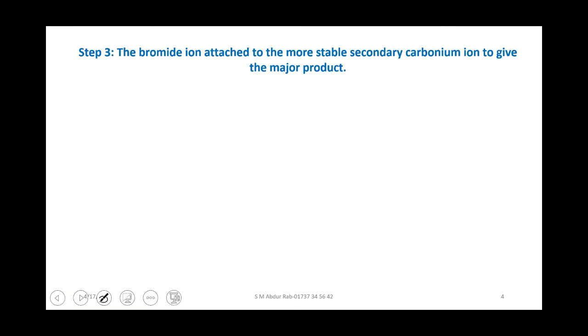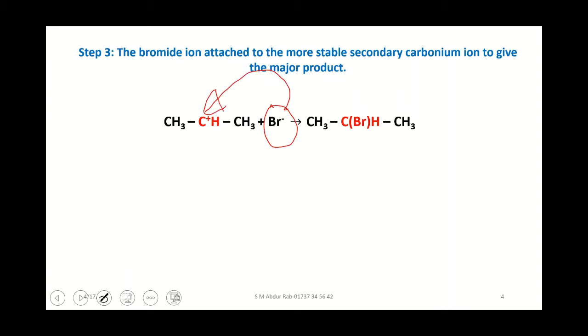That's why the bromide ion attaches to the double bonded carbon which has the lesser number of hydrogen atoms, and the main product is 2-bromopropane.